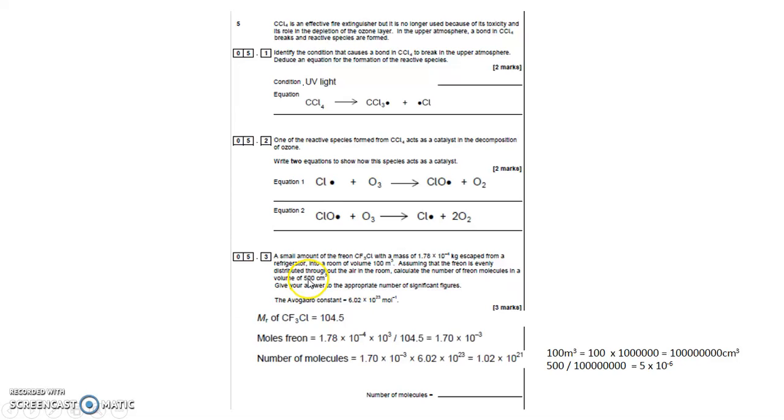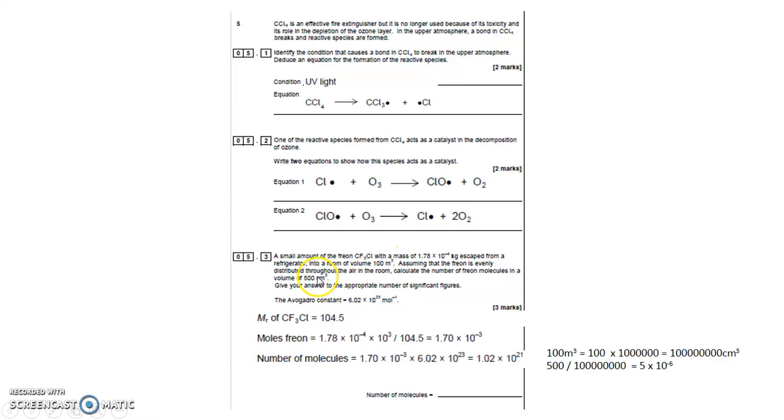I only need 500 centimetre cubed, so I'm going to do a fraction. 500 divided by 1 times 10 to the power of 8 is 5 times 10 to the minus 6. That is how much I've got to scale down by. I've got to multiply this number to bring 100 meters cubed down to 500 centimeter cubed, because I know how many particles are in 100 meter cubed.